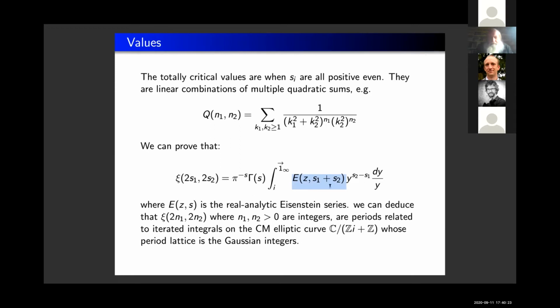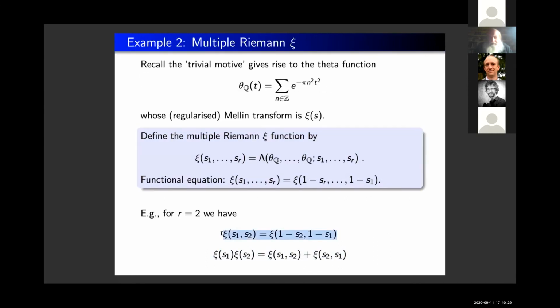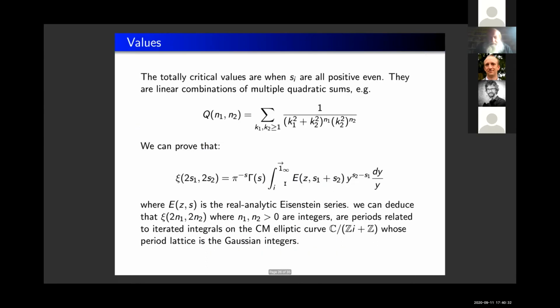If you knew this formula in advance, you'd very easily deduce these two formulas. It's quite fun. In any case, if we put s_i to be integers, we deduce that the totally even values are Eichler integrals of not real analytic Eisenstein series, but holomorphic Eisenstein series from i to infinity.